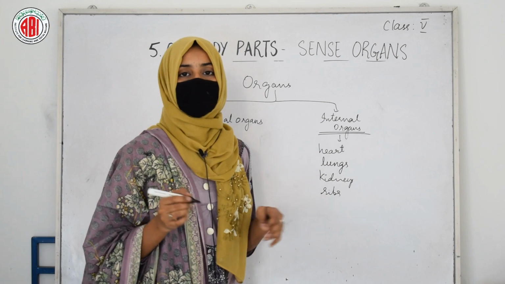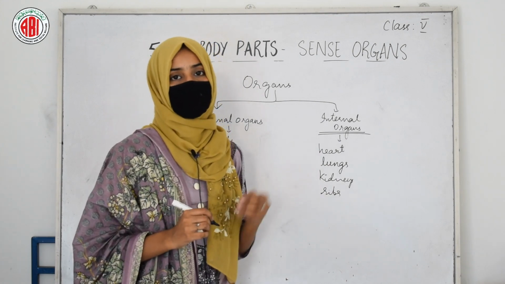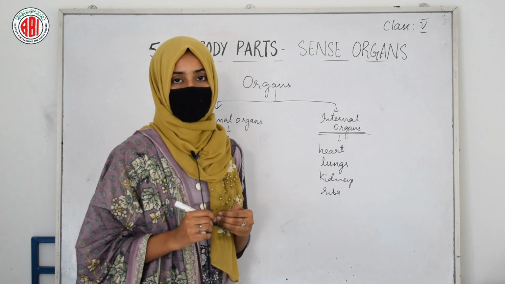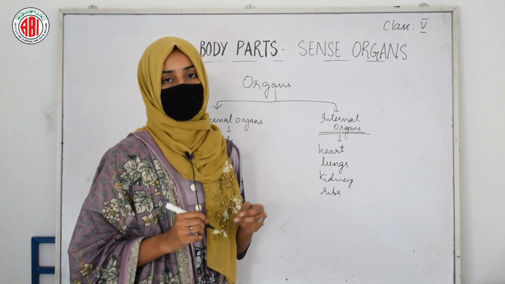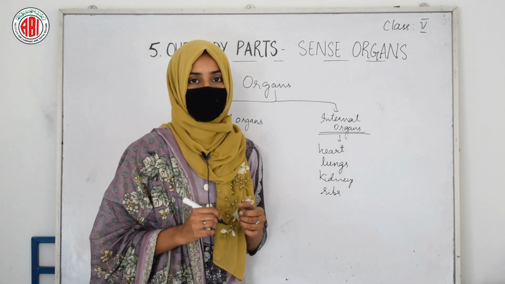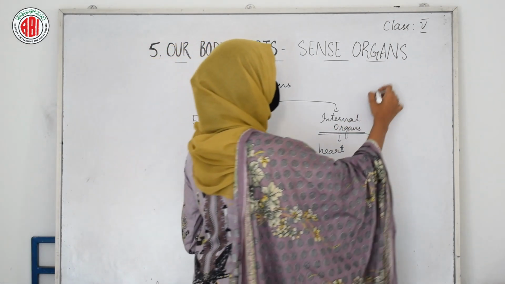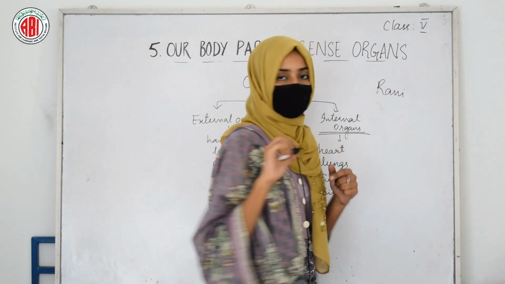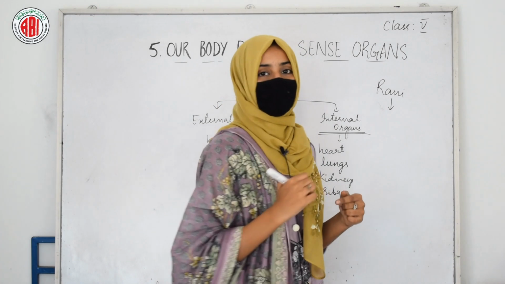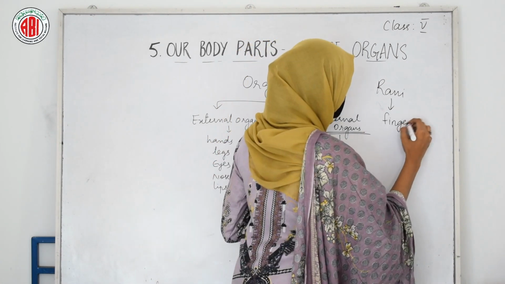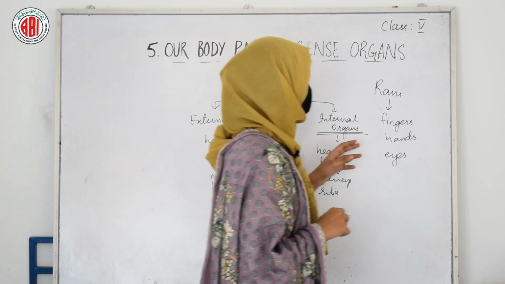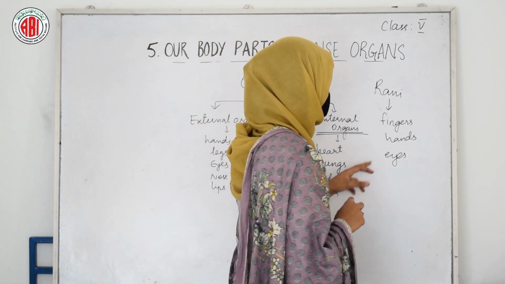All these organs work together in coordination. That coordination enables the person to do work. For example, if Rani wants to draw a picture, she can draw it with the help of different organs like fingers, hands and eyes.